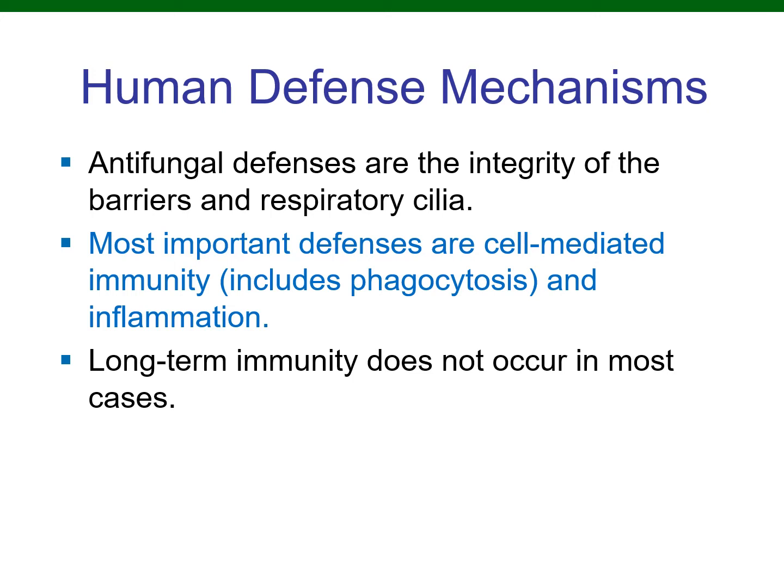And unfortunately, although these defense mechanisms are powerful and keep us protected maybe throughout our lives, we do not have any vaccines or mechanisms for long-term immunity at this time. And we can debate as to why this is true, but generally fungi are a lot more similar to humans, and vaccines usually exploit differences or train our bodies to defend against pathogens that are a lot different than we are, like bacteria and viruses.